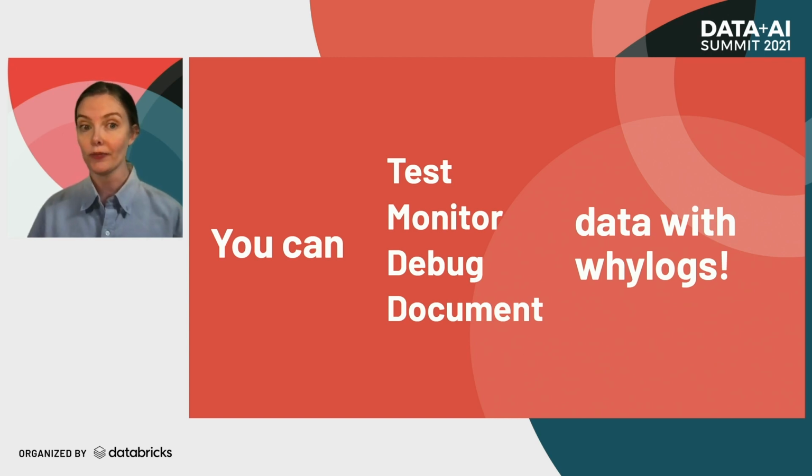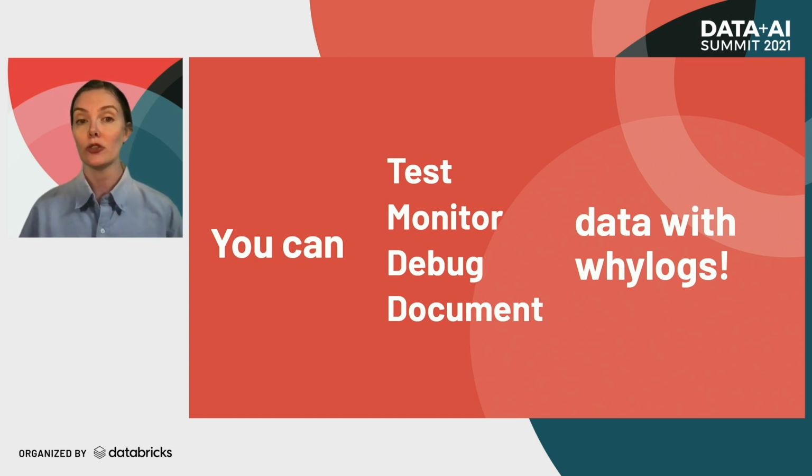For example, YLOGS can be used to unit test your data. To do that, first, you generate a YLOGS profile on the batch of data that you would like to use as a baseline or as a reference set. Say you'd like to use training data. Then you extract constraints from this YLOGS output.